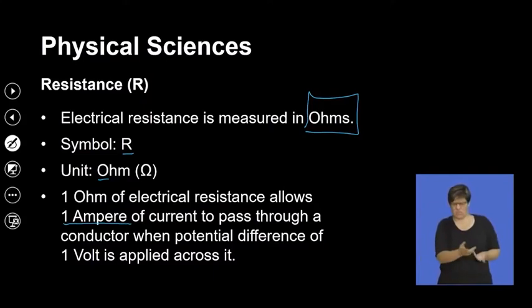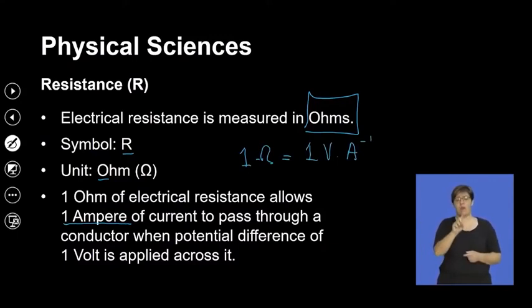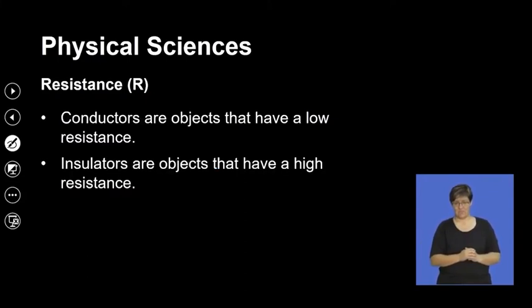In other words, 1 omega, which is 1 ohm, equals 1 volt per ampere. If we say per ampere, we are saying there's 1 ampere of current. And when it's 1 ampere of current, it means a coulomb of charge passes through a point per unit time. Now, conductors are objects that have low resistance.